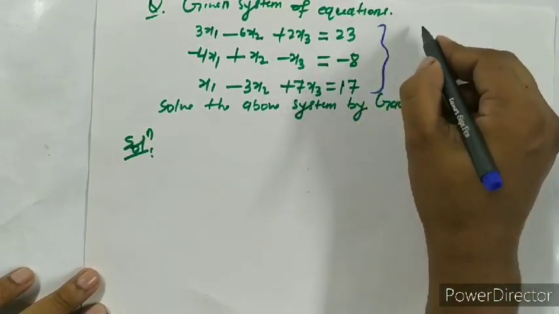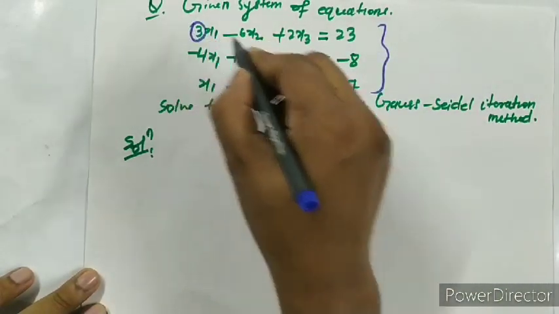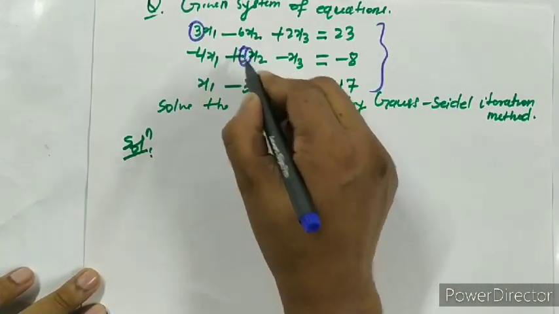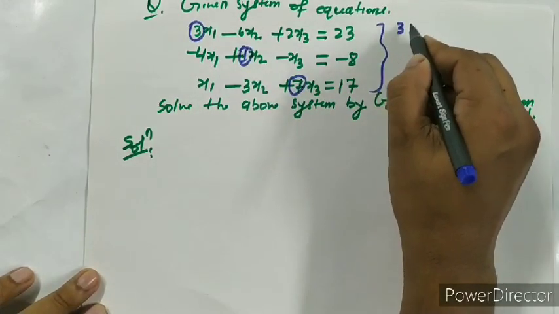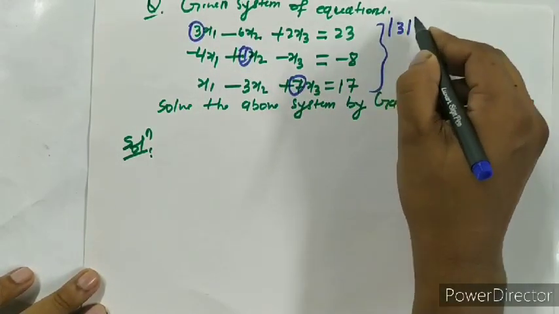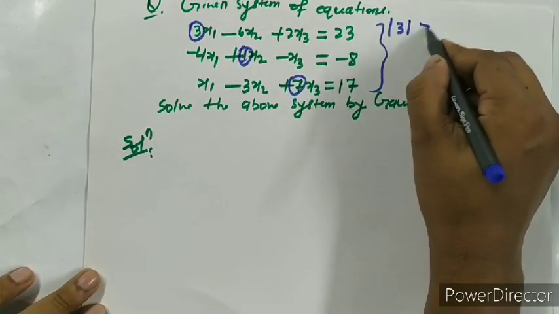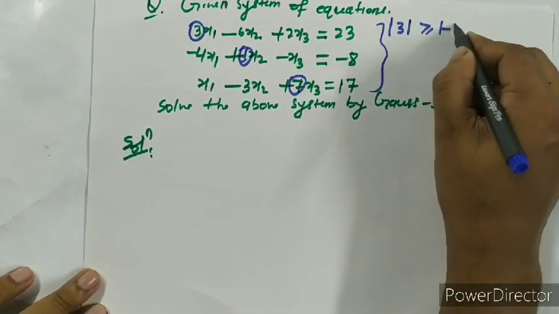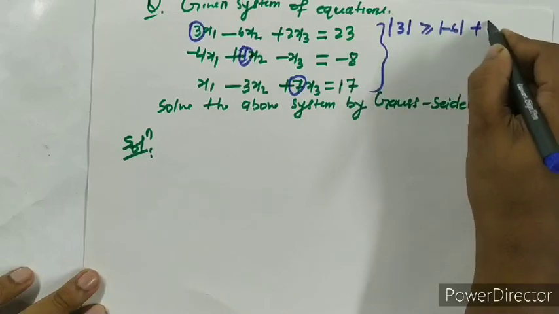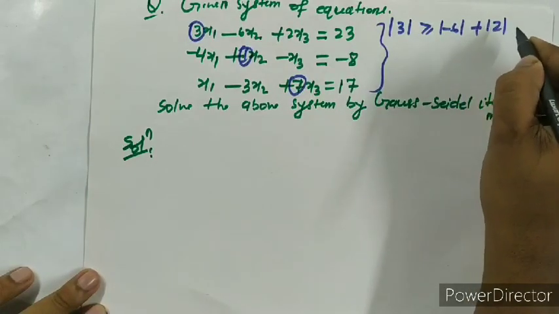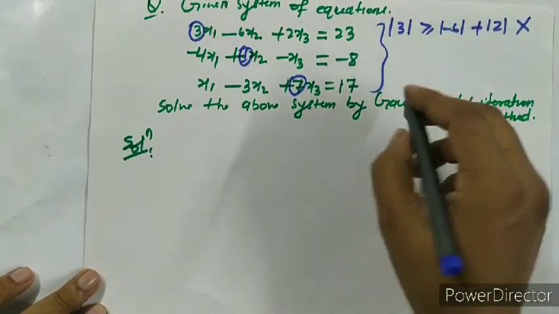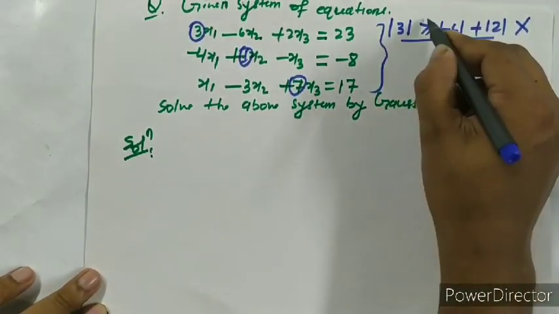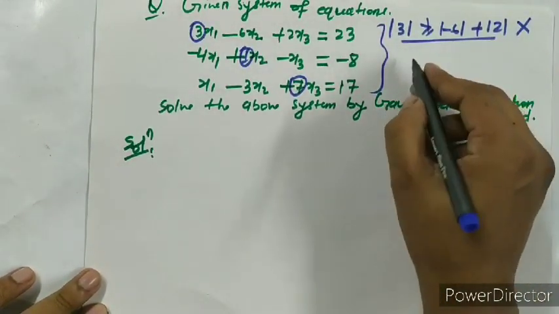Okay, so first what we have to do, check diagonally dominant or not. Okay, so this is the aii. Magnitude value of 3 is greater equal to -6 plus magnitude value of 2. Is it okay? No, it is not greater equal to.